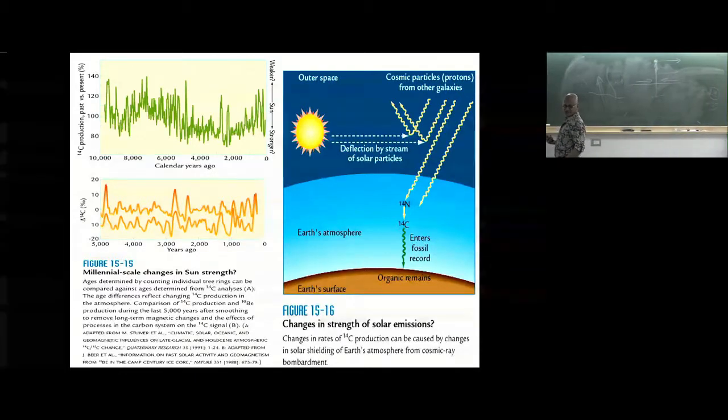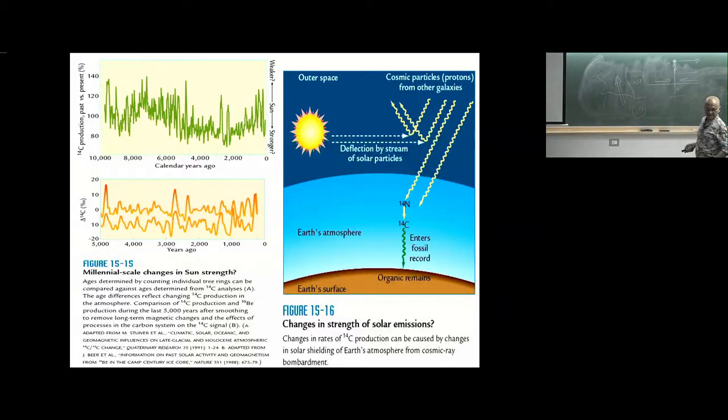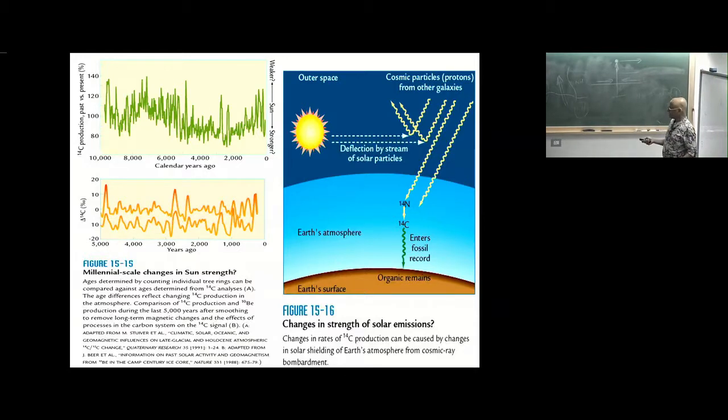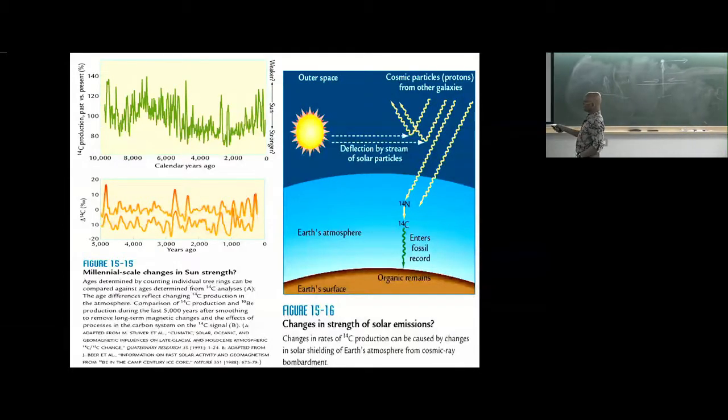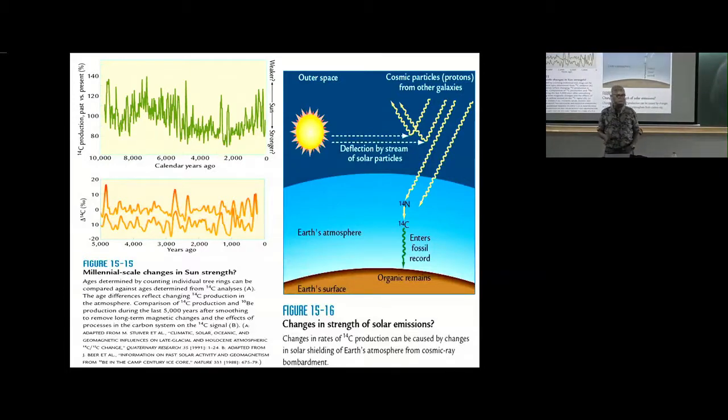So this calculation, you can see there's a question mark, so there are uncertainties in it, but it's a reconstruction of ages determined by counting individual tree rings that can be compared against ages determined by C14 analysis. So you calibrate it against another proxy, like the tree ring.